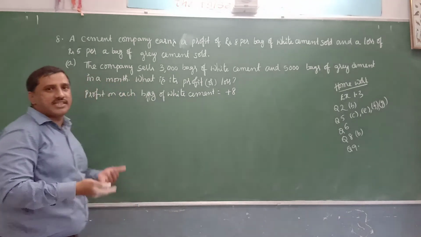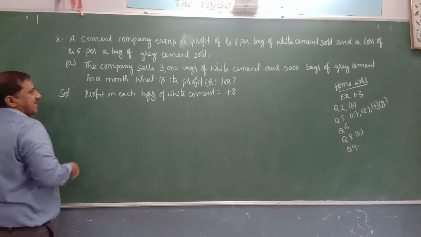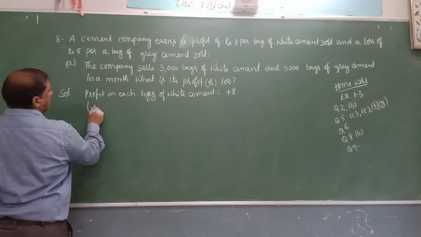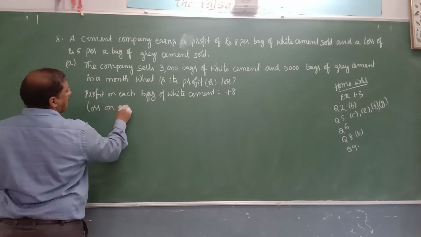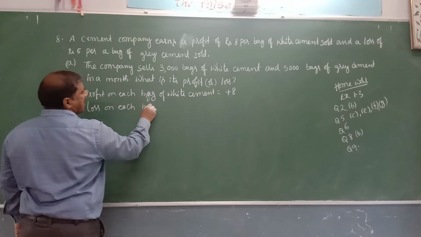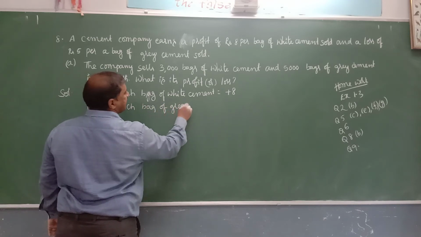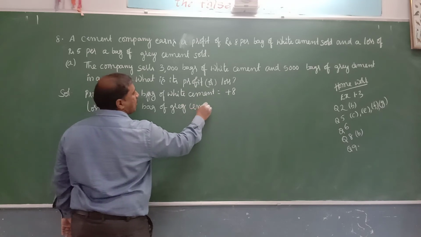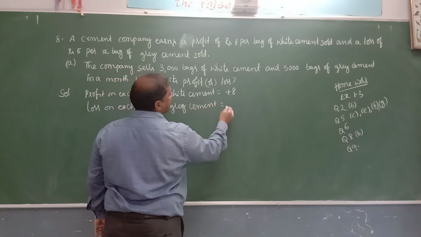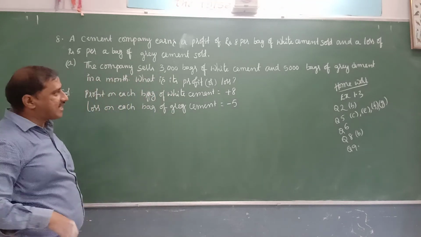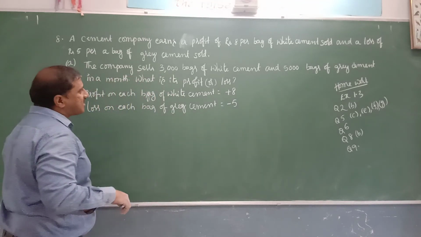I am just representing rupees as integers. Now the loss on each bag of grey cement is 5 rupees, therefore I am representing it with minus 5. Minus represents loss, plus represents profit.